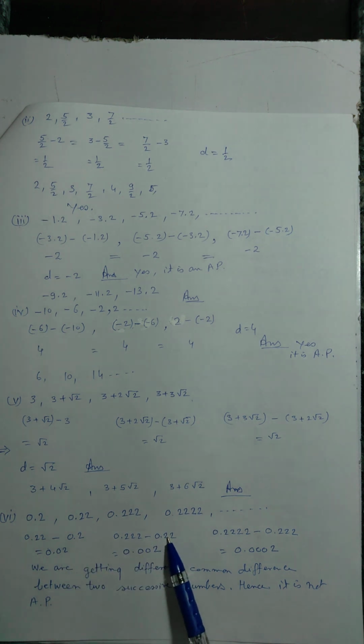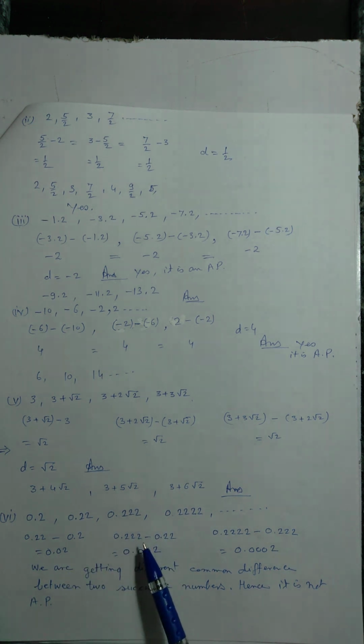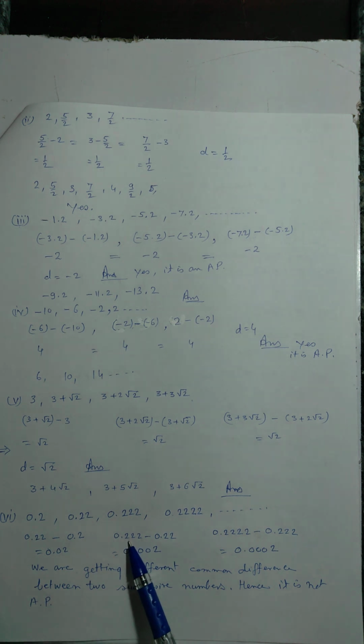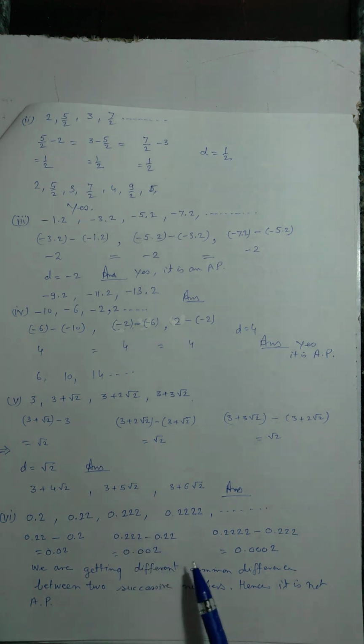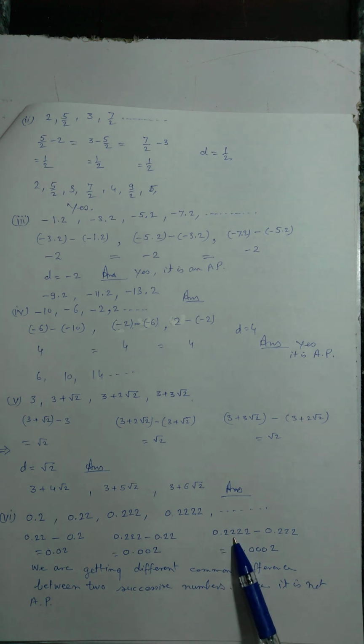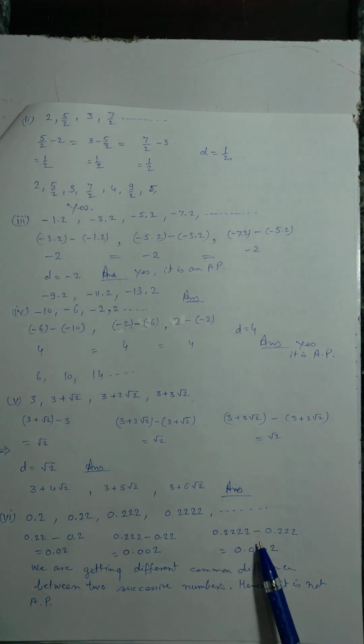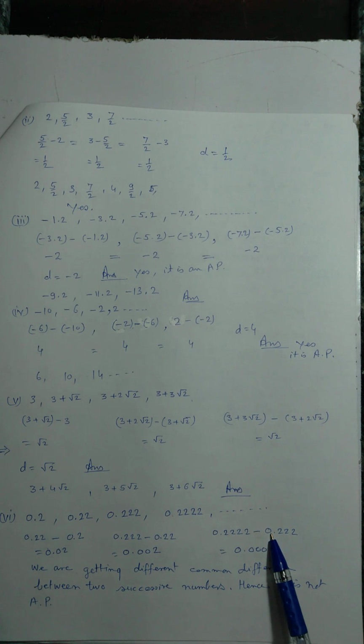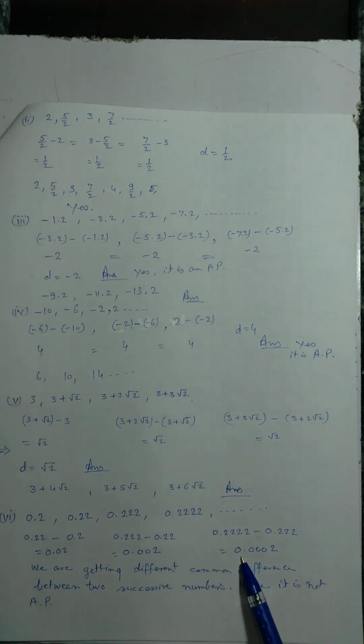Subtract the second from the third, you will get 0.002. 0.2222 minus 0.222, you will get 0.002. So we are getting different differences between the successive terms, hence it is not an AP.